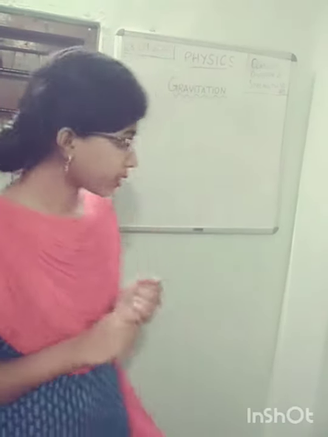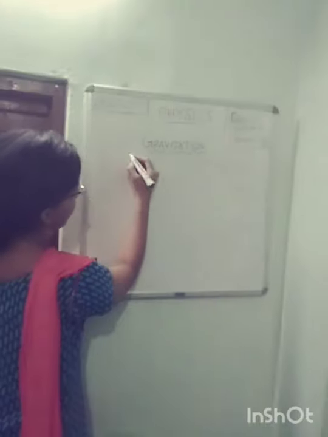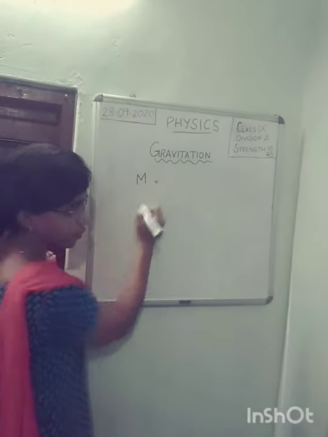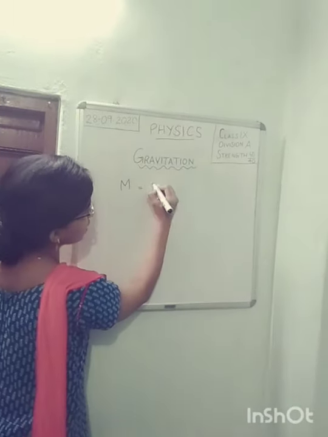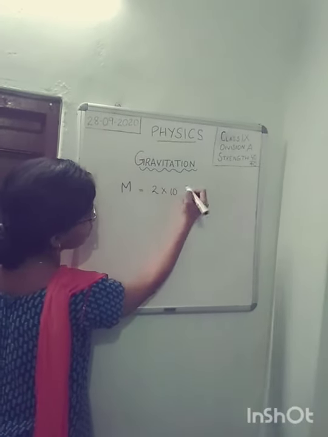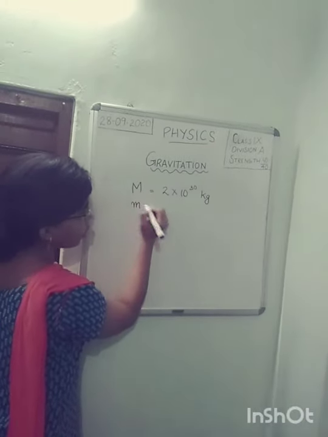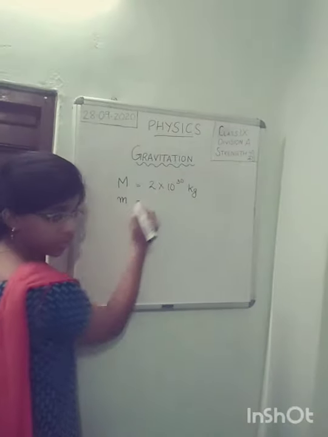Did you do that? If you didn't, can we do it here? If capital M is the mass of the Sun, what is the mass of the Sun? It is 2 into 10 raised to 30 kg. If small m is the mass of Earth, what is the mass of Earth?